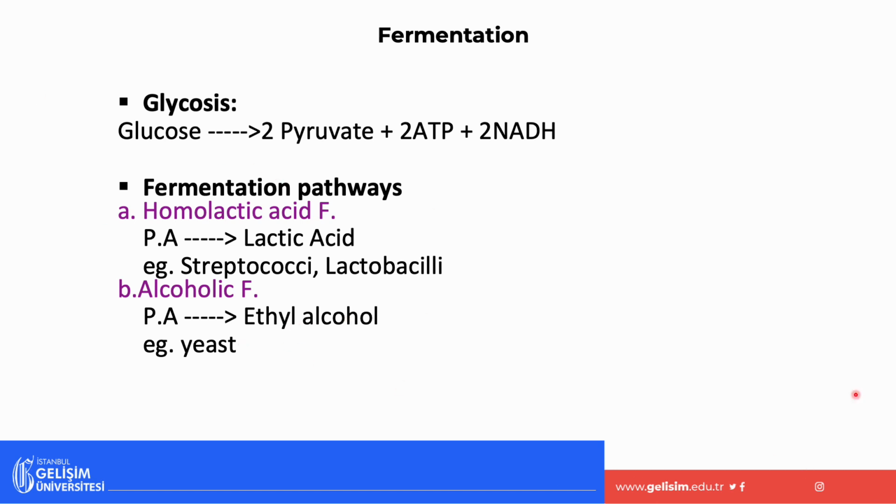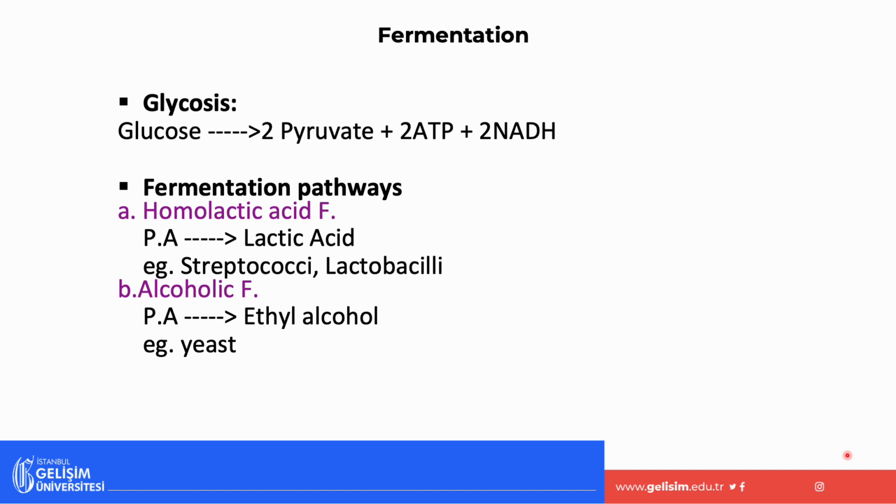For alcoholic fermentation, this takes place in yeast and some other microorganisms. In this pathway, pyruvate is first converted into acetaldehyde, which is then reduced to ethanol, which is again ethyl alcohol, by NADH. Like homolactic acid fermentation, this pathway allows for the regeneration of NAD+ to keep glycolysis going.